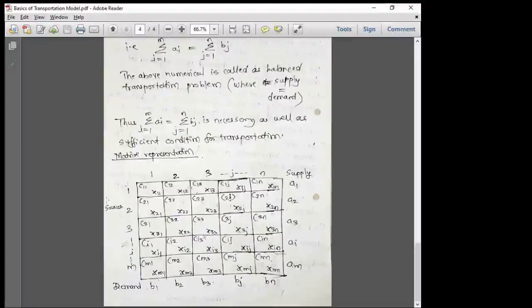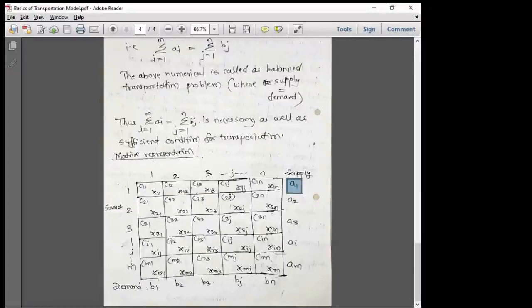All the destinations are represented here: 1, 2, 3, and lastly you have n, right? So this is my first factory, my first source. The supply available at this particular factory is represented here.